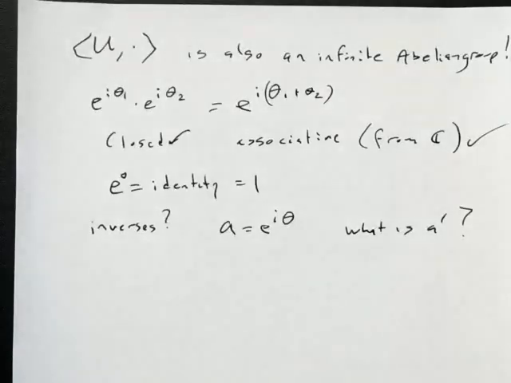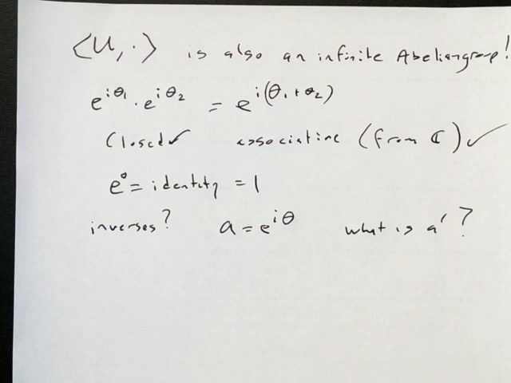If this is a group, I have to have inverses. I'm multiplying, right?